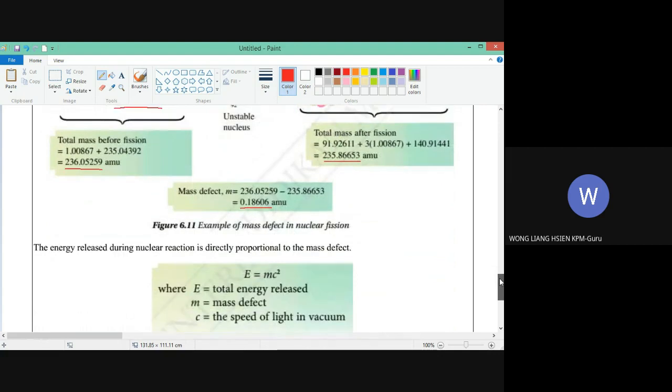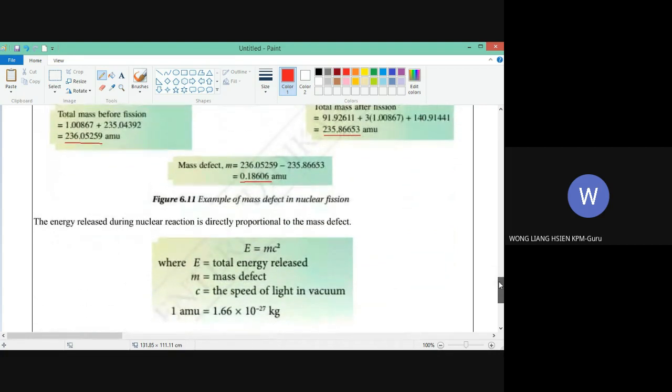So what we found is actually, if I'm not mistaken, Albert Einstein. After doing many experiments, he found that energy released during nuclear reaction is directly proportional to the mass defect. So he drew a graph.